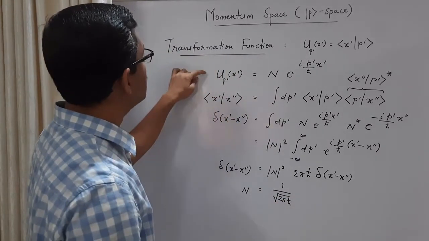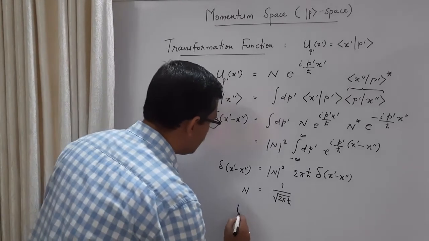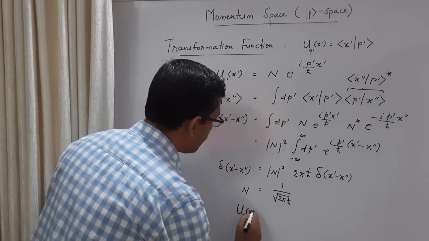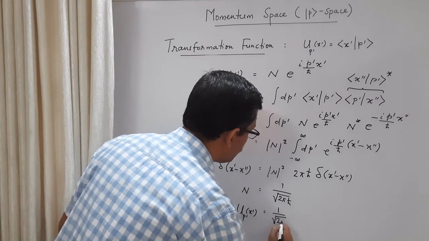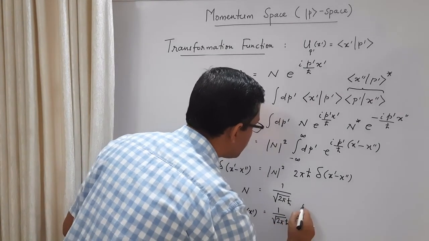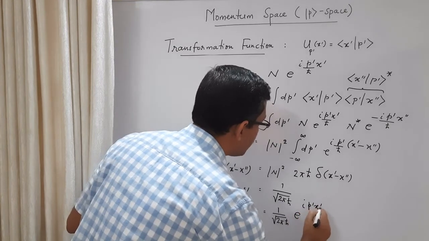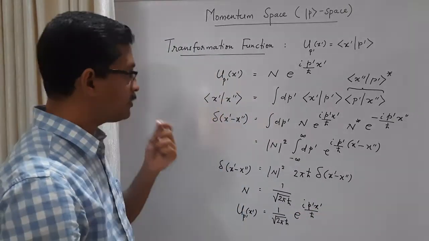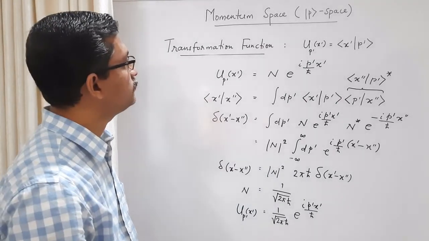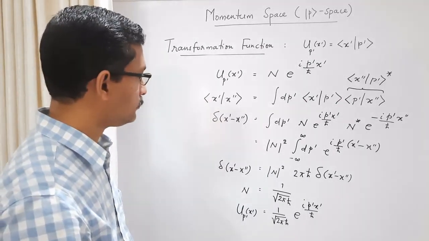Then our transformation function u p prime x prime is 1 by square root of 2 pi h cross times e raised to i p prime x prime by h cross. This is our transformation function.